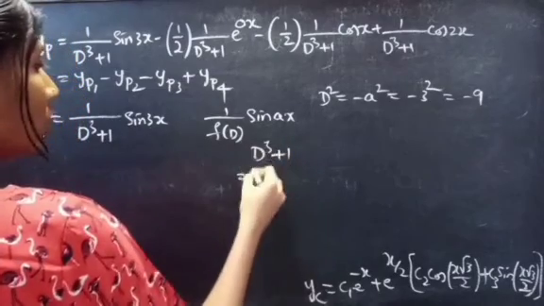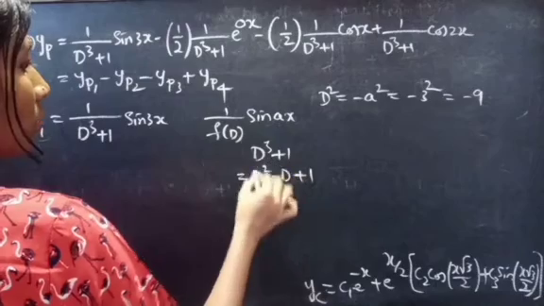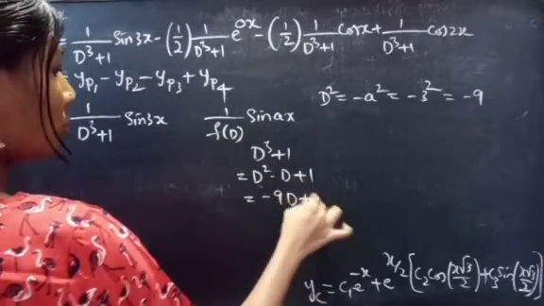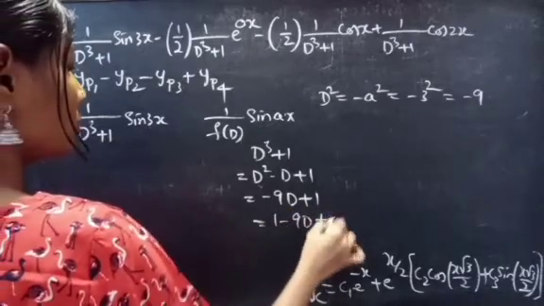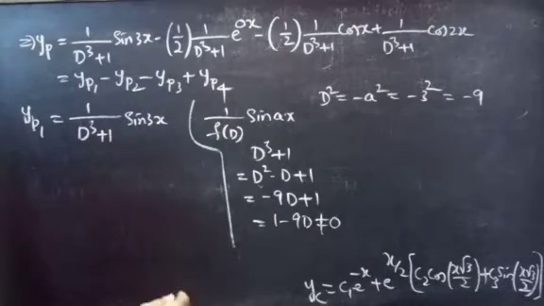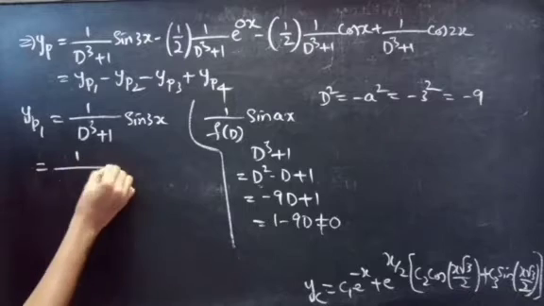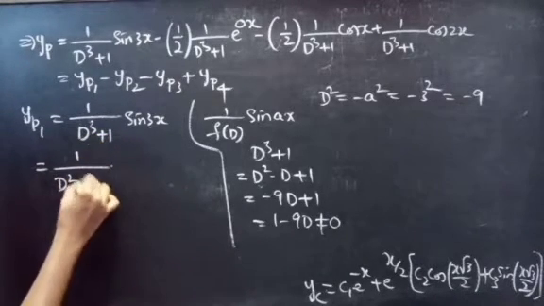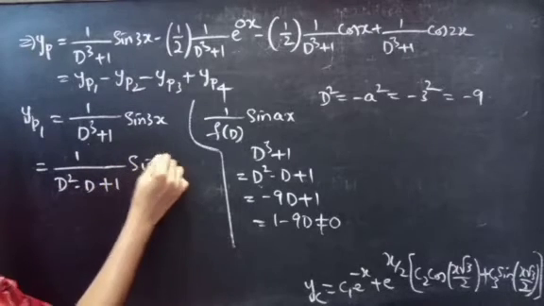We can write D cube as D square into D, right? Now replace D square by minus 9 and see what you'll get. You'll get 1 minus 9D, which is non-zero, right? So we can replace D square in the denominator. Just replace D square by minus 9 in the denominator. Firstly, write D cube as D square into D plus 1 into sine 3x.